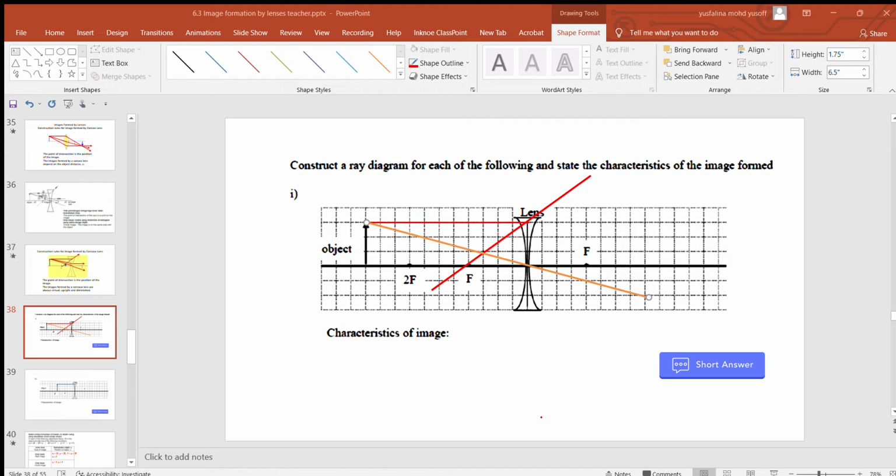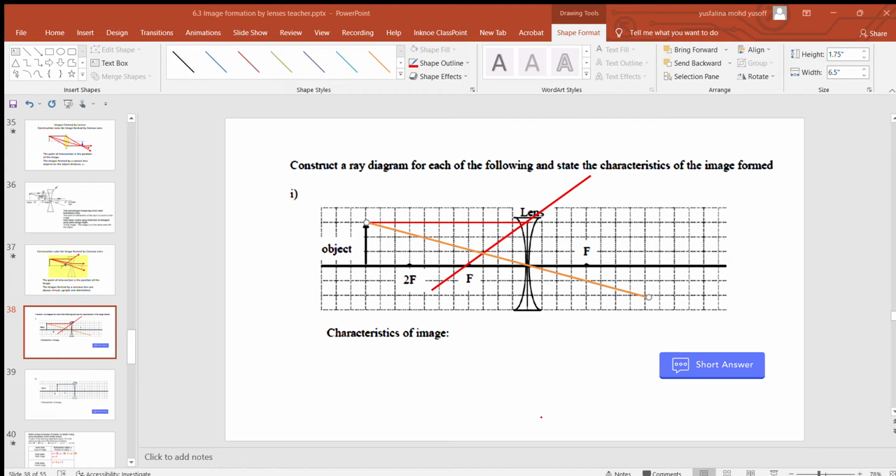Let's say for u smaller than f, the object distance is smaller than f, you will produce a virtual, upright and magnified image. If u is equal to 2f, the image will be inverted, same size, and also real.